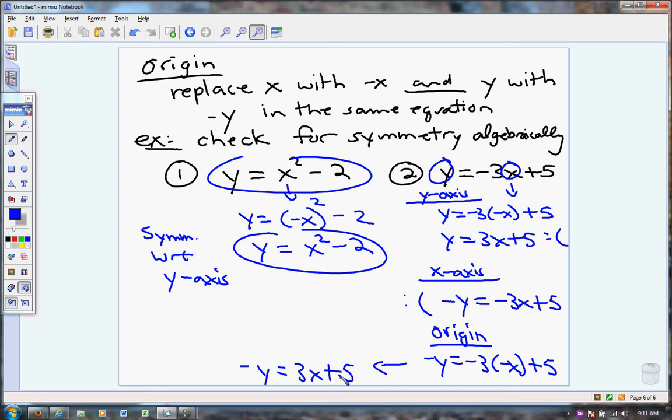And even if I divided both sides by this negative, I would not get the original, because you have to divide both of these terms by the negative. So the answer is it's not symmetric with respect to anything. Okay? It's kind of like from the island of misfit toys on Rudolph the Red-Nosed Reindeer. It's not symmetric with respect to anything.